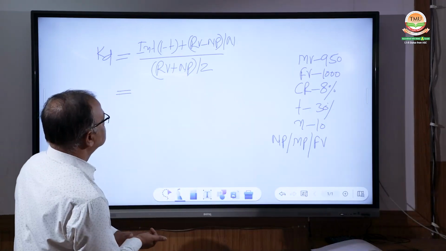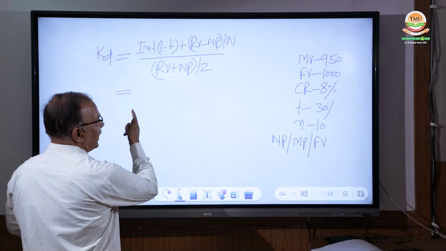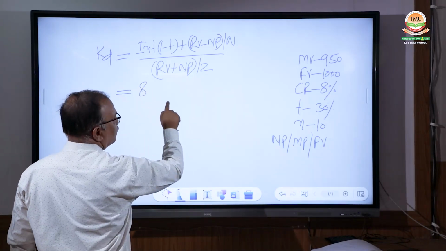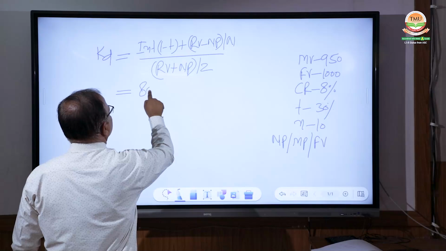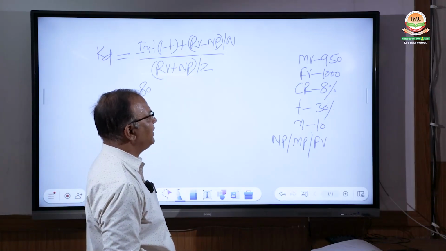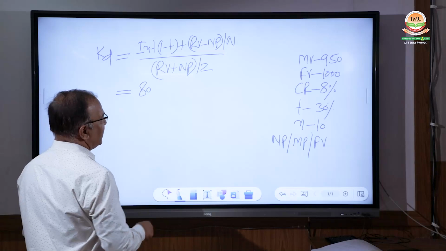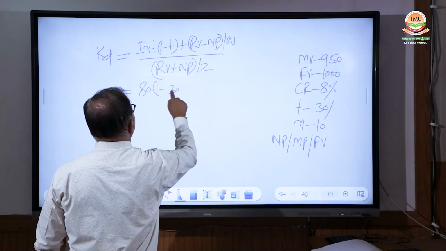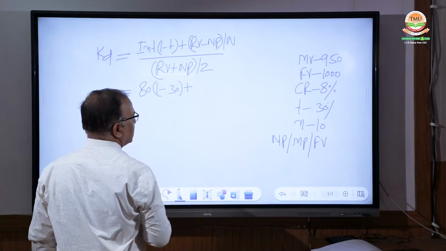Now again, simply apply the formula. Interest is 8% of face value. It means 8% of 1000, it will be 80. Times (1 minus 0.30), plus redemption value.